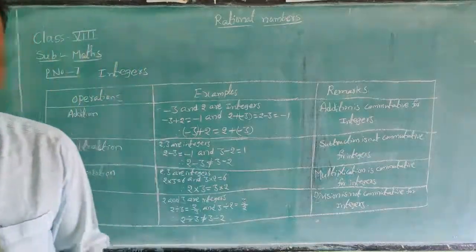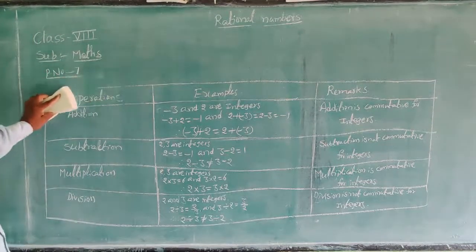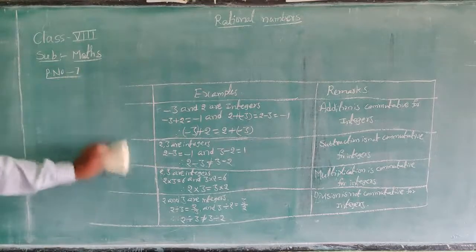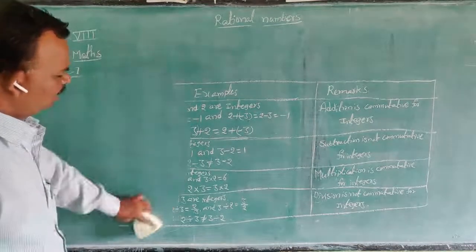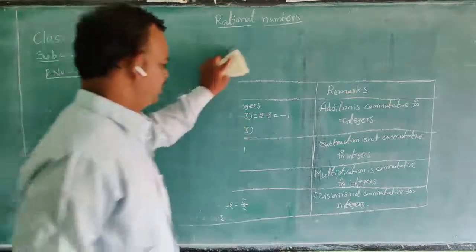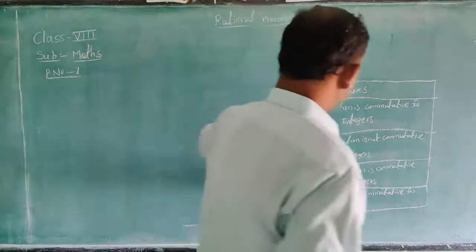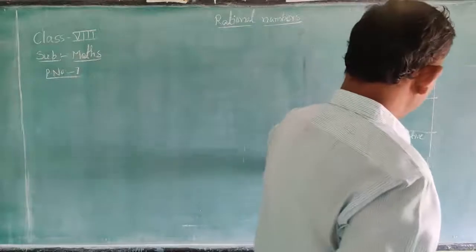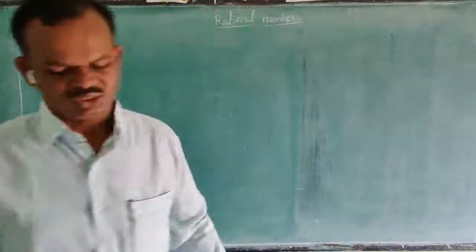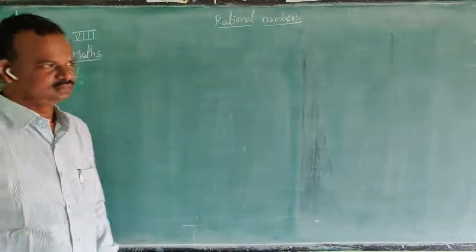Next one is, for all these four operations, addition, subtraction, multiplication and division, which satisfy the commutative property and which do not, we will verify the result.